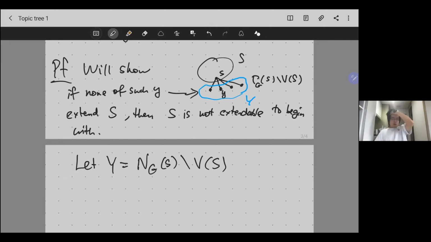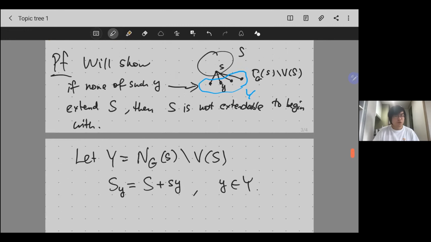So let Y be the neighbors of s sticking out of our partial embedding S. And then for shorthand, let me write S sub y to be the graph obtained from S by adding one of these leaves, s y, for y in Y. So this is the shorthand. Now we assume for contradiction that none of the S sub y is d-m extendable.